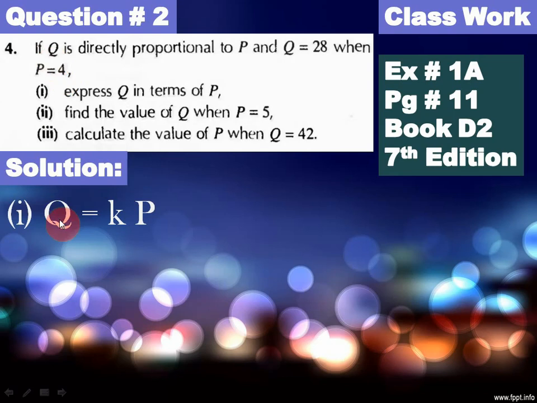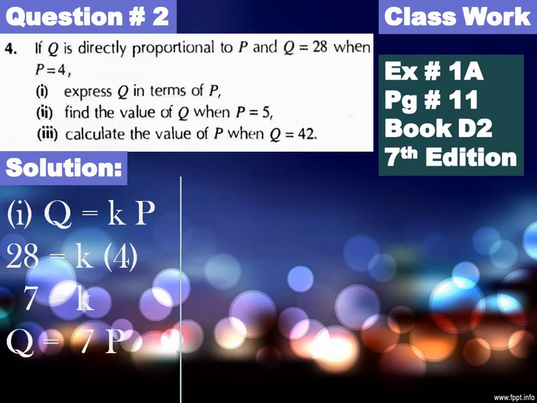The first variable is q, so we write q. The second variable is p, so we write p with the proportionality constant k. Now putting the values in the equation, 28 and 4, we get k equals 7, so we write the equation as q equals 7 times p.